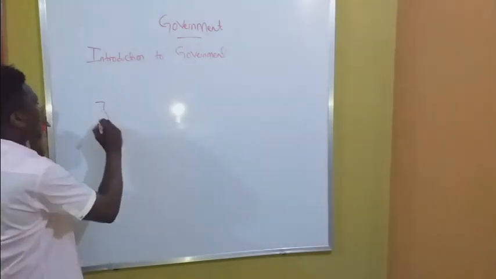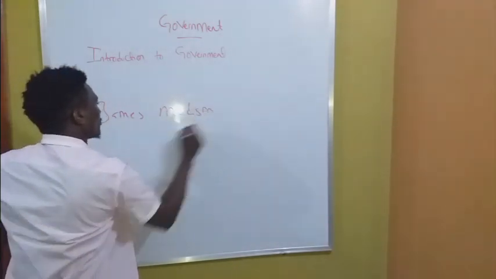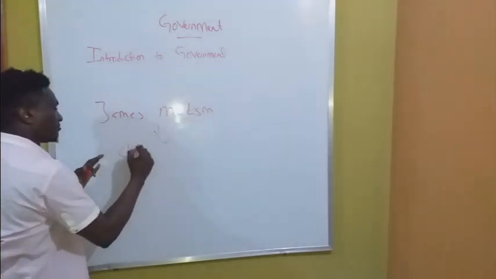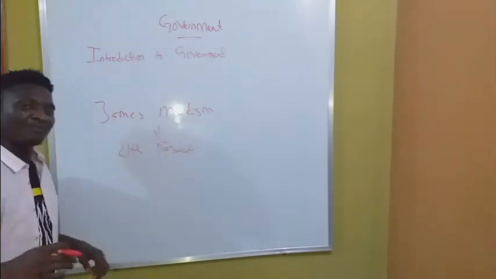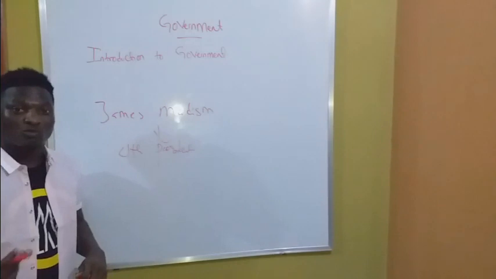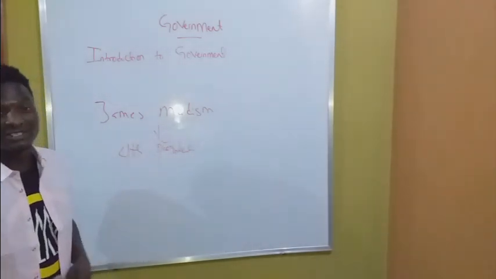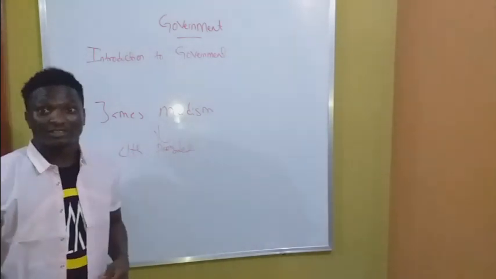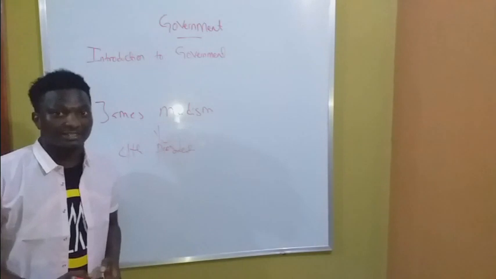According to James Madison, who was the fourth president of the United States of America, he said, if all men were angels, then government would not be necessary. But the truth is this, men are not angels. So as a result, it is important that government must exist.